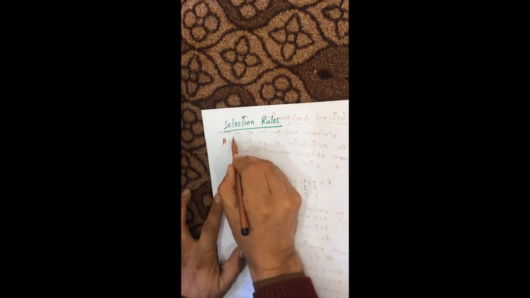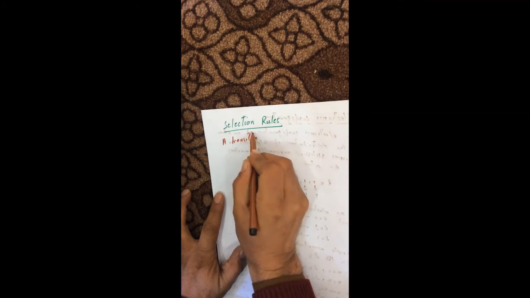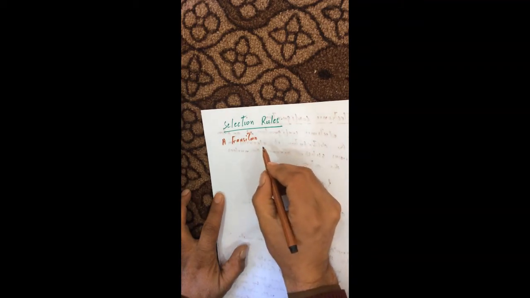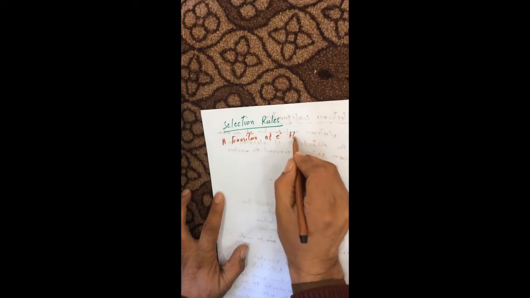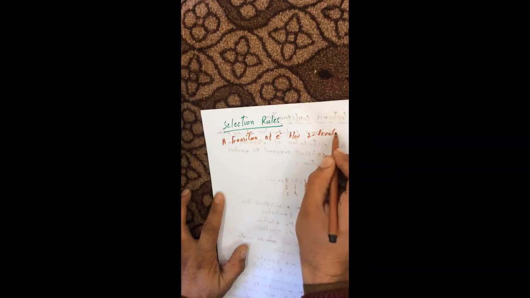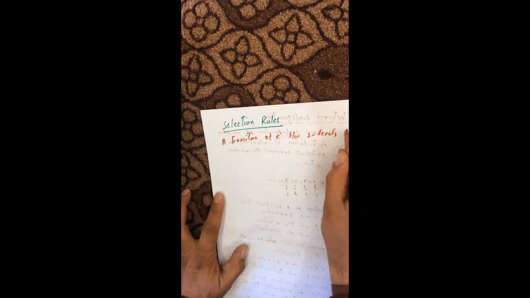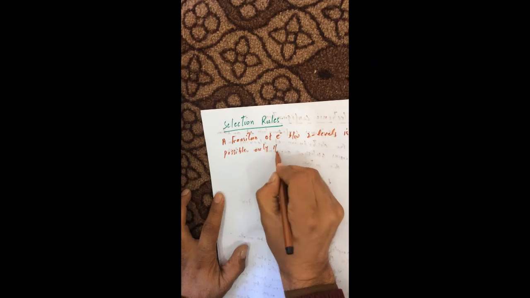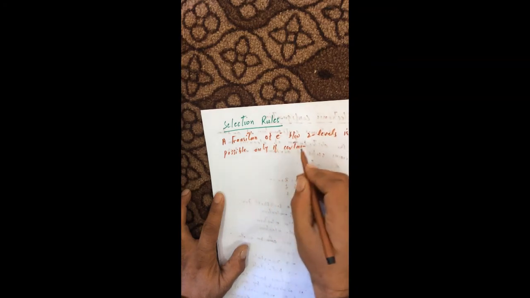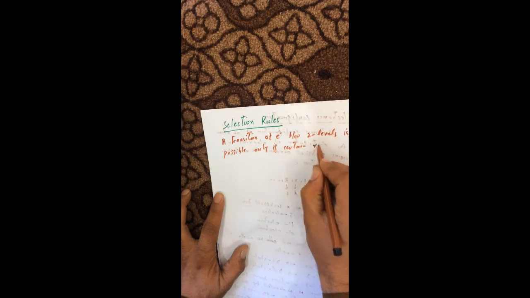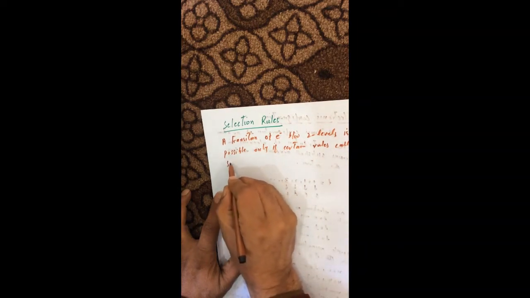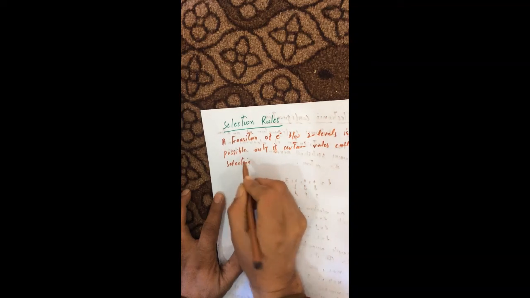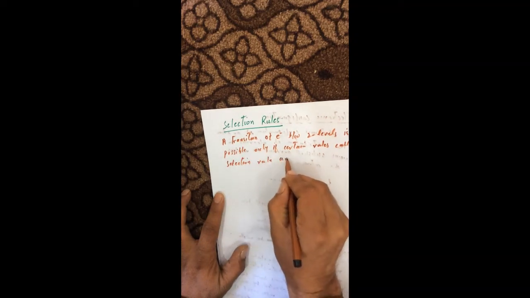A transition of an electron between two levels is possible only if certain rules, called selection rules, are satisfied.